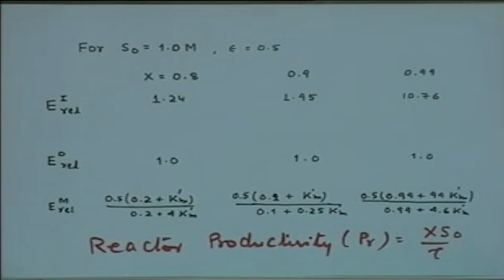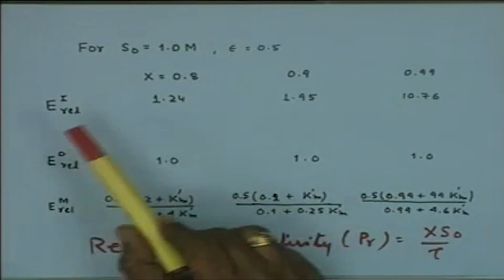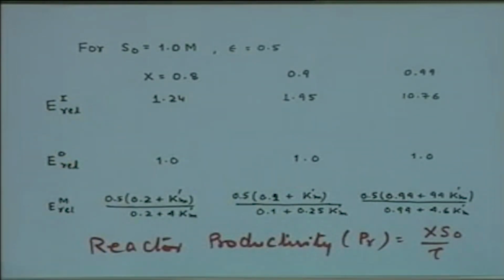If the tau increases, the productivity goes down, and therefore the fractional conversion, again whatever we have discussed about relative quantity of enzyme or the space time as a function of fractional conversion, a reverse behavior is true for productivity. Now, when you increase fractional conversion, the productivity will go down, and for the first order enzyme, the productivity of PFR will be much higher than the CSTR.